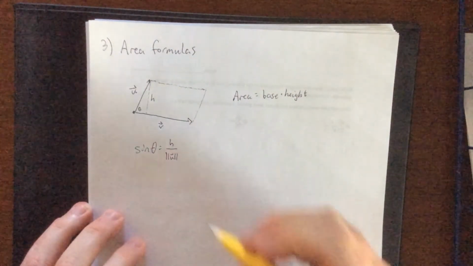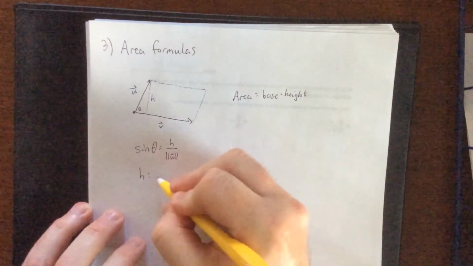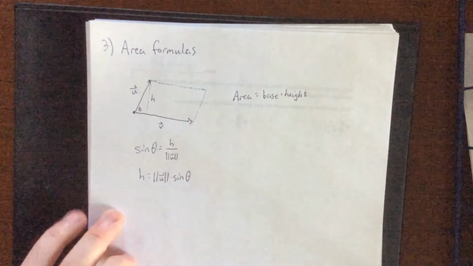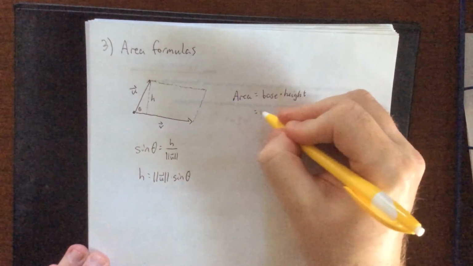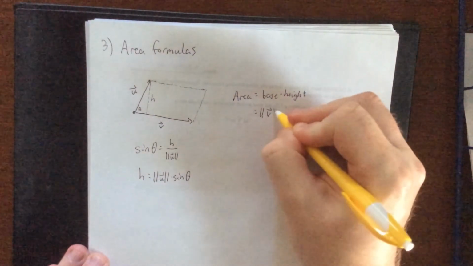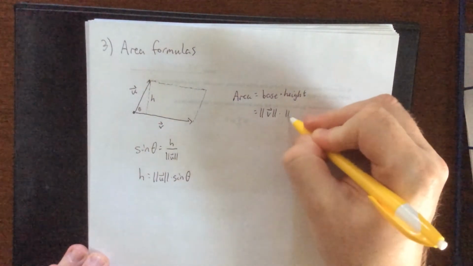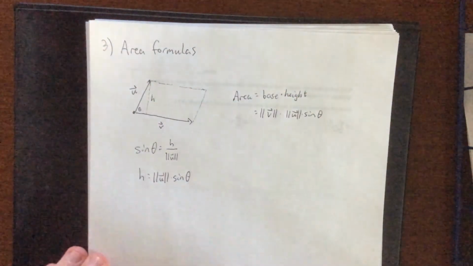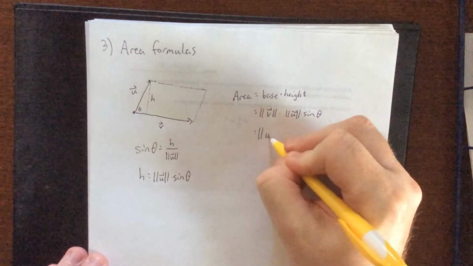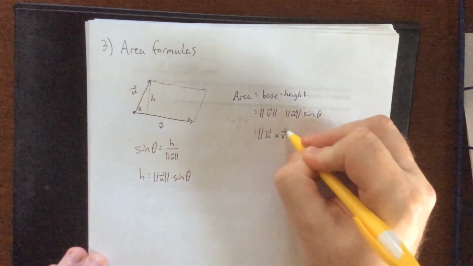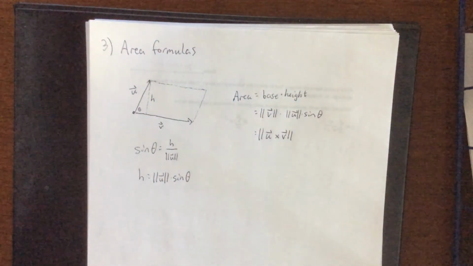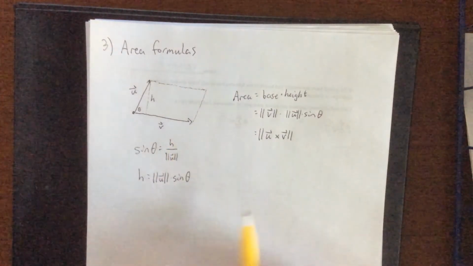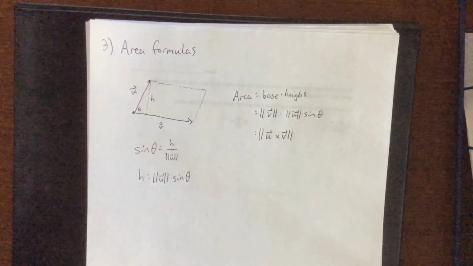Which means that if we solve for h, h is equal to the magnitude of u times the sine of theta. So your base is going to be the magnitude of v, and your height is going to be the magnitude of u times the sine of theta. That is exactly the formula that we just derived for the magnitude of a cross product. So this is a quick and simple way to figure out the area of a parallelogram if you know the two vectors that are describing it.